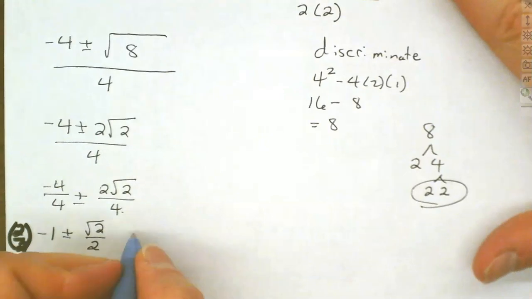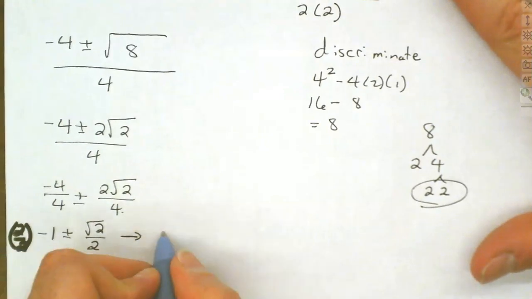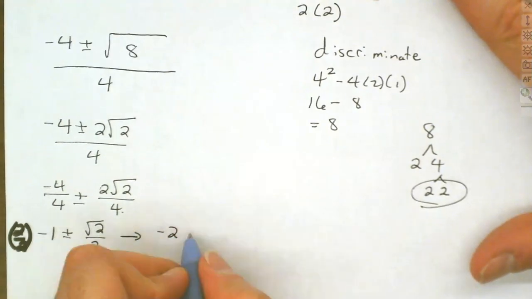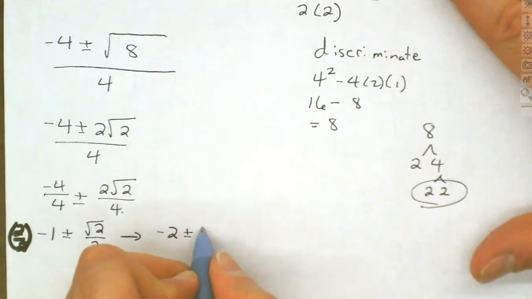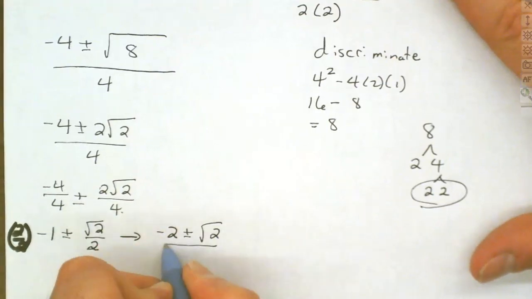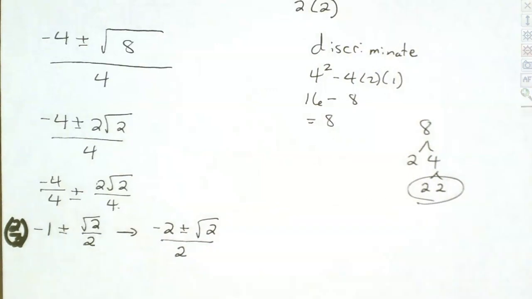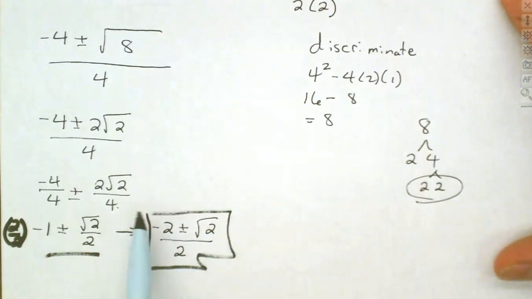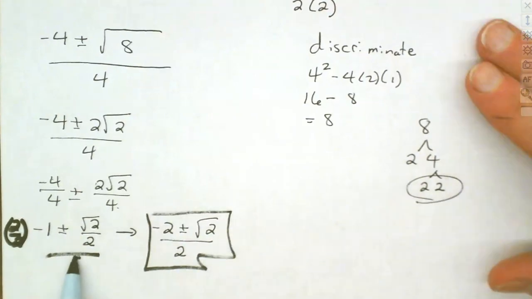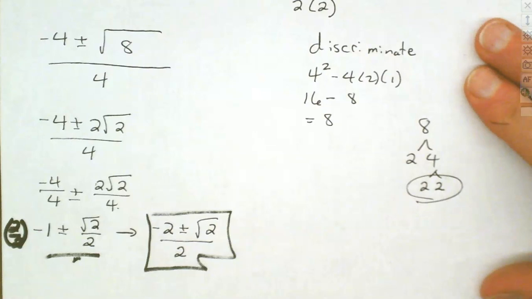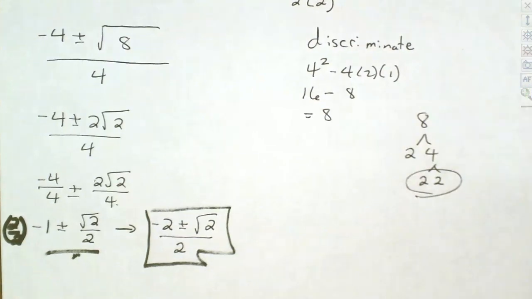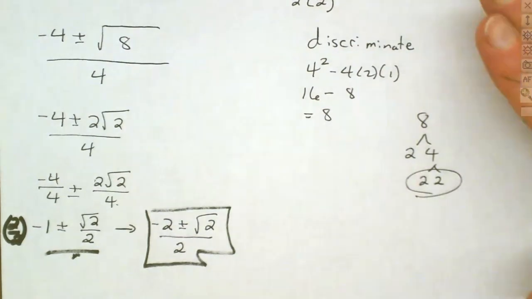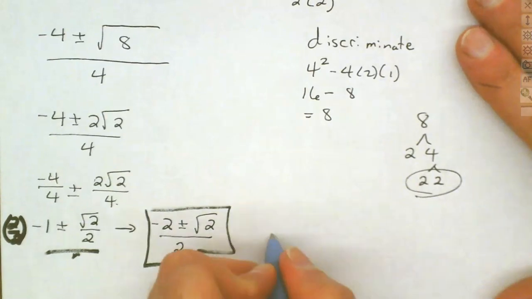When I multiply that by a 2 over 2, that gives you a minus 2 plus or minus the square root of 2 over 2 for your answer. This is fine. I would take this as an answer, but that's the way they wrote it. And so that looks like that's going to be answer B, doesn't it?